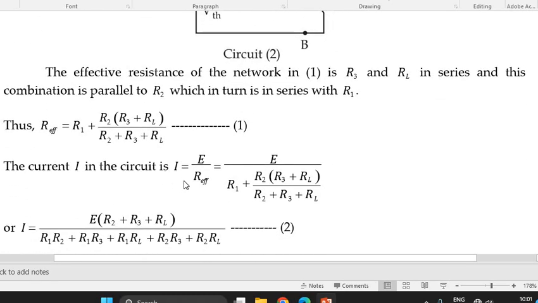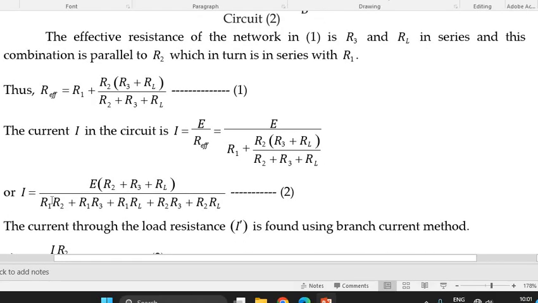The current I in the circuit is capital I is equal to E divided by R effective, substituting the value of R effective from equation 1. R effective is equal to R1 plus R2 into R3 plus RL divided by R2 plus R3 plus RL. Therefore, the current I is represented here.